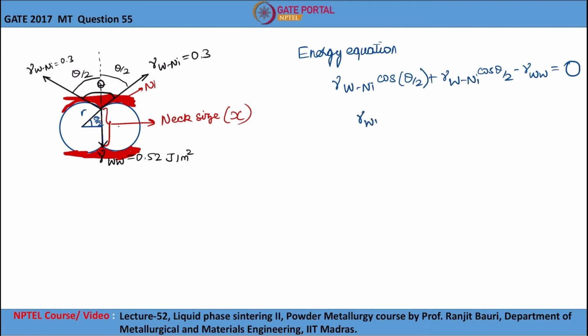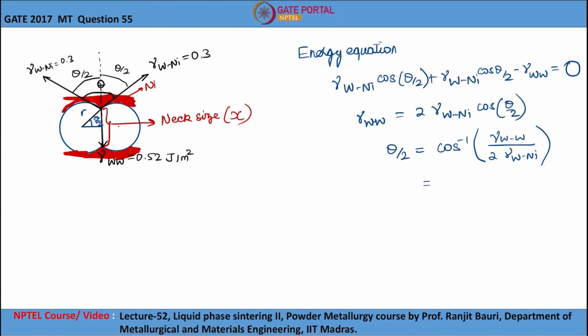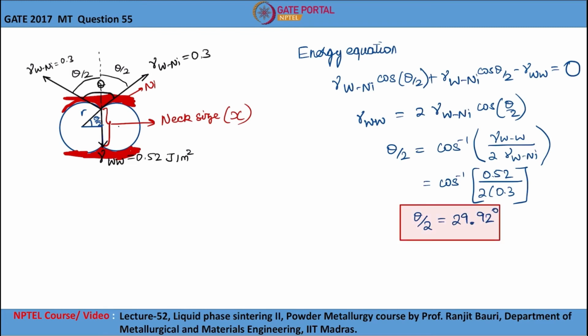So the tungsten interfacial energy will be 2 times the interfacial energy of tungsten nickel into cos theta by 2. Theta by 2 will be cos inverse of tungsten interfacial energy divided by twice tungsten nickel interfacial energy. So let us substitute the values. The value of theta by 2 will be 29.92 degrees. So the value of dihedral angle is found.